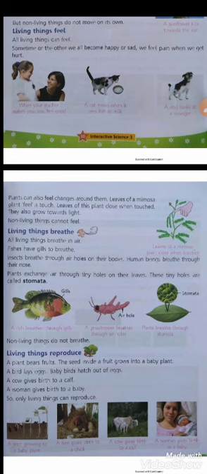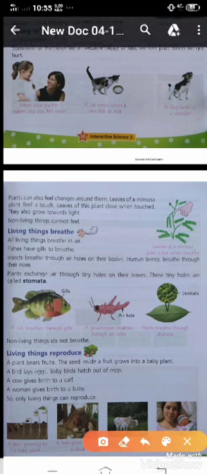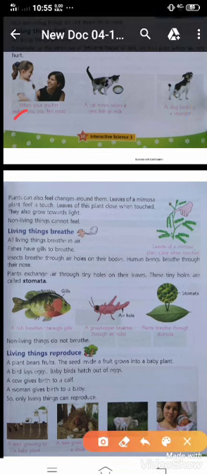Here also, in this picture, it is given. You can easily see and understand from the picture what you feel. Not only you, but the animals also feel.